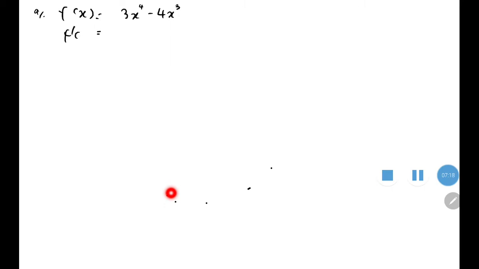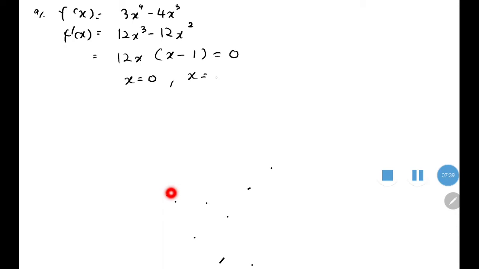So the first step is to derive this function, which should be 12x cubed minus 12x squared. Put the 12x squared together, equal it to 0, and then you will get x equal to 0 and x equal to 1. So x equal to 0 and x equal to 1 are the critical numbers.